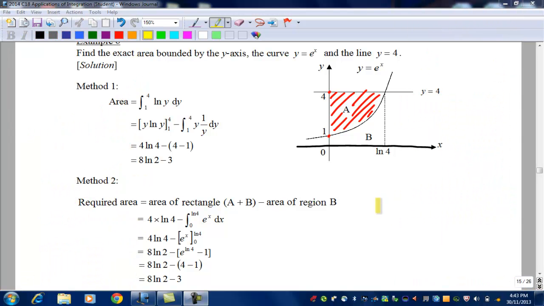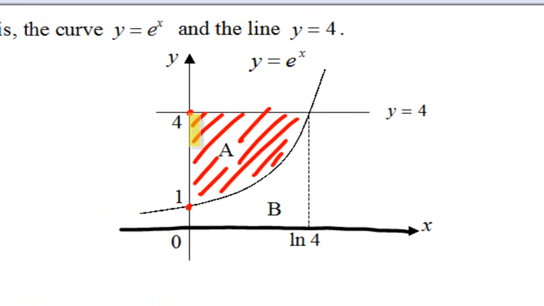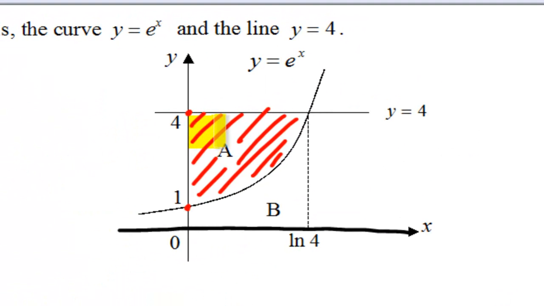Sometimes we can go by the indirect approach by finding the area of A indirectly. So what do I mean by that? To find the area of A is the same as taking the area of this whole rectangle here minus away the region B, which I'm going to shade in pink.